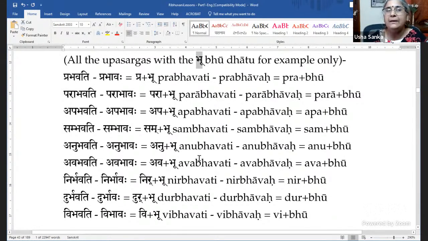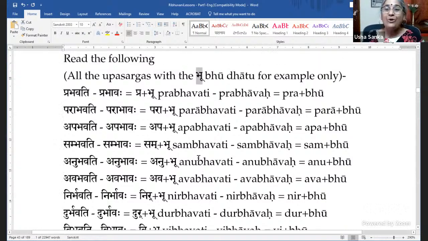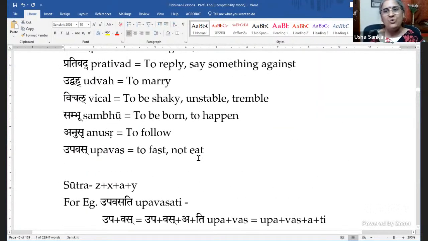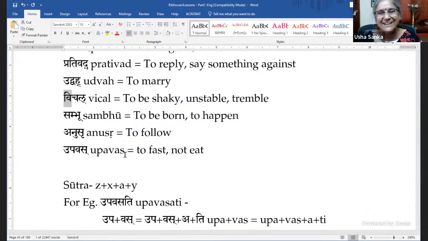Now you will be having one doubt at least. What is the number of upasargas? Did you get that doubt? How many such elements are there? For a new student, it's an interesting question. They will definitely ask. Those who already know, there are 22 upasargas. We are all aware of it. What is new in that? But for a new student, it will be, oh, so many.